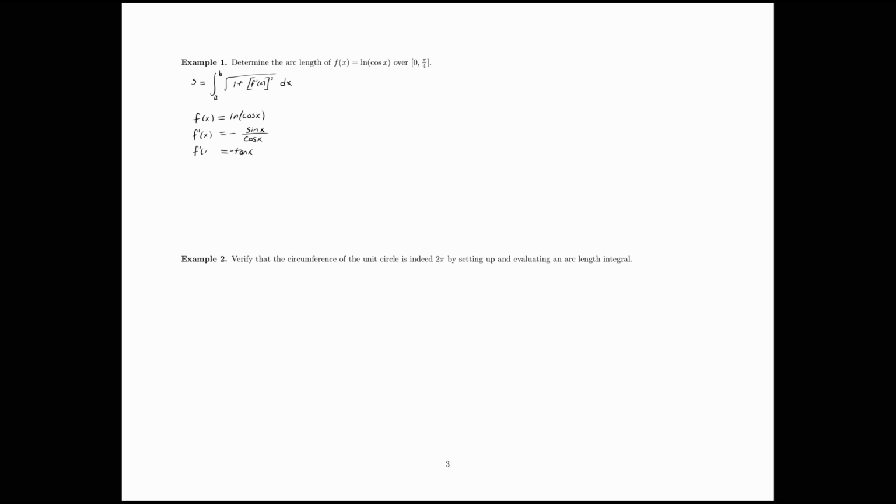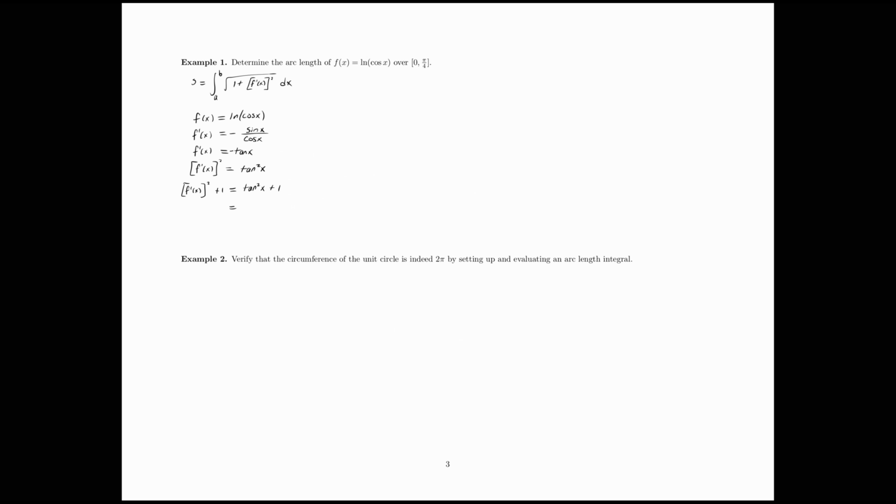So that's the derivative. What I would do now is just square both sides to get tangent squared, and then I would of course just add 1 to each side. Line by line, we're building the inside of the square root. It's a lot easier to do this off to the side than to do it all within the integral itself.